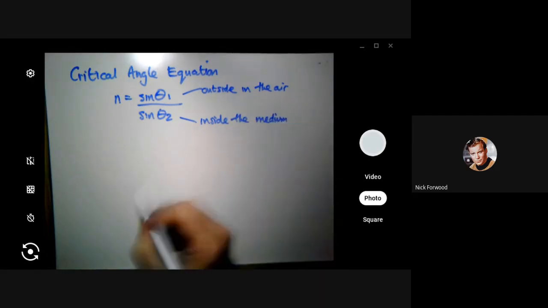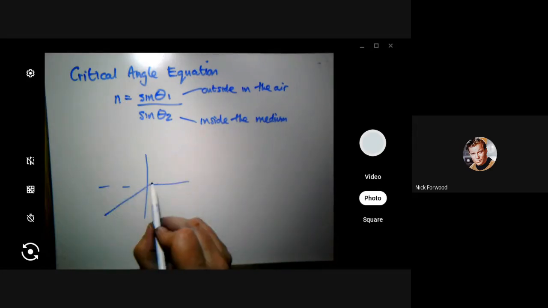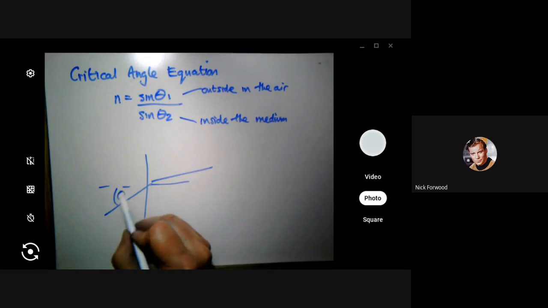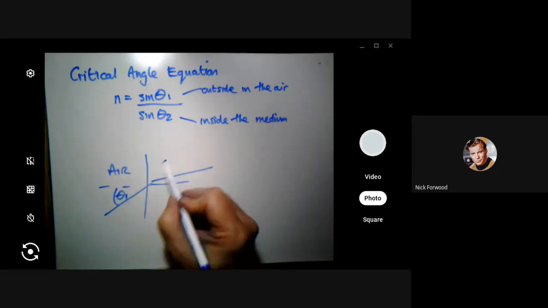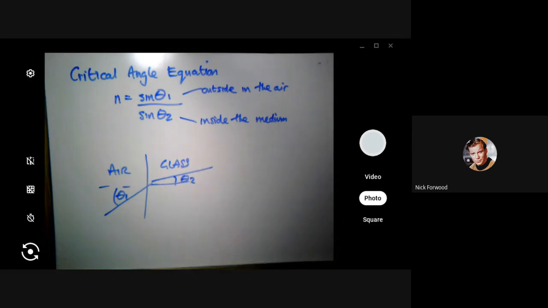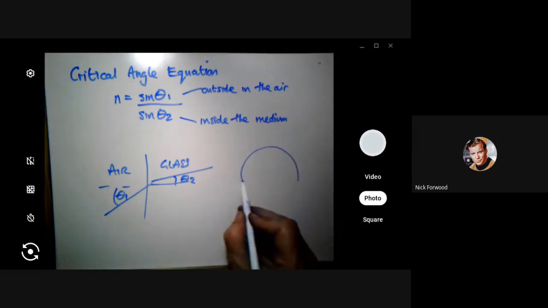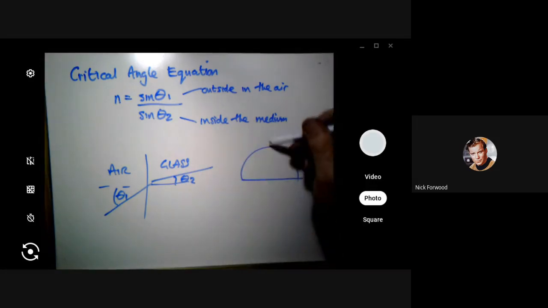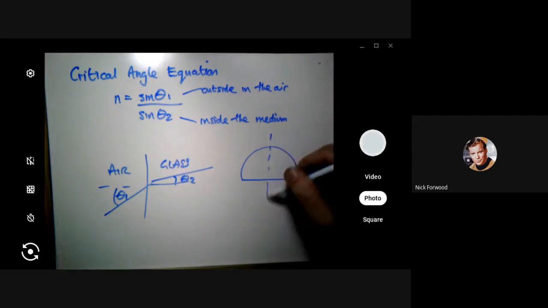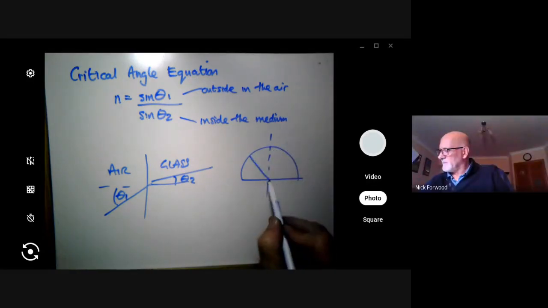Because when we did this before, we had this beam of light doing that, this is theta 1, this is air, and this is glass. So theta 1 is in the air, and theta 2 is in the glass. Now with that semicircular block there, we're starting with the beam of light already in the glass, and then it comes out along there.